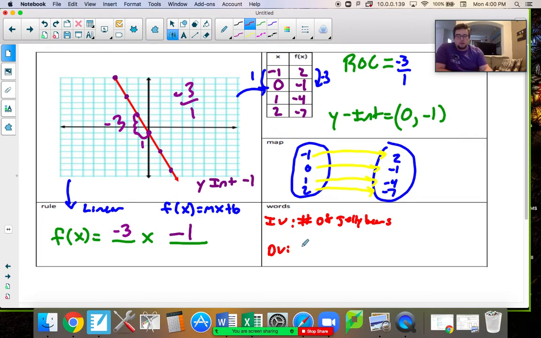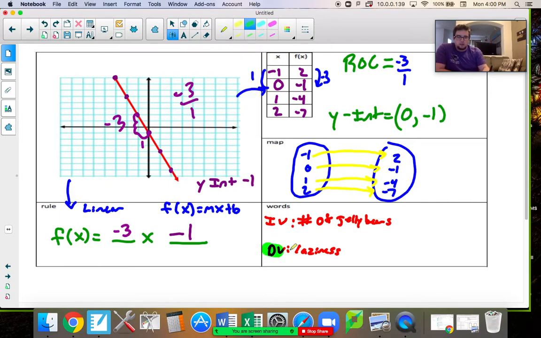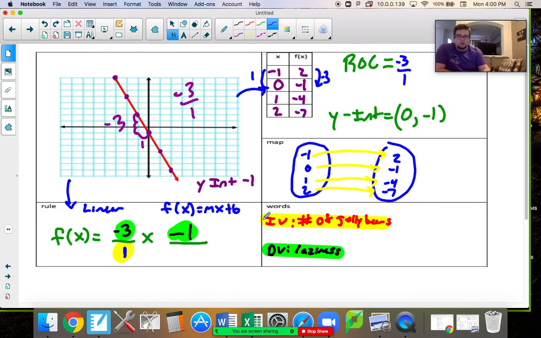It would work, but number of jelly beans and our laziness. All right? So it's going to sound kind of stupid, but I have to relate once again laziness with this -1 and this -3, and then number of jelly beans would technically be the rate of change, the bottom number on our rate of change, the run. So this is where that 1 would come in handy right there.